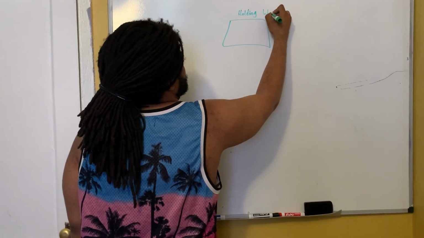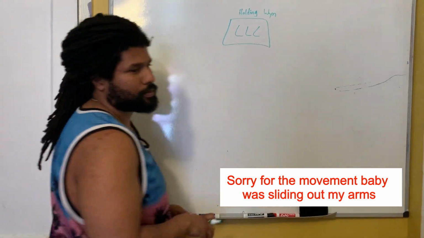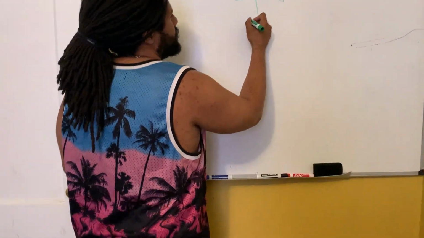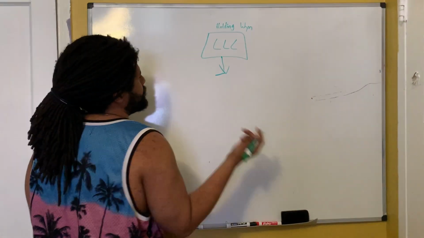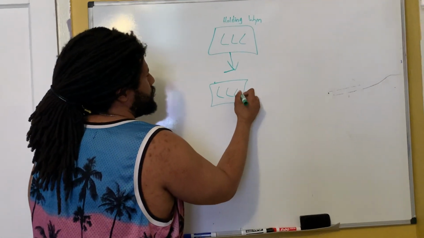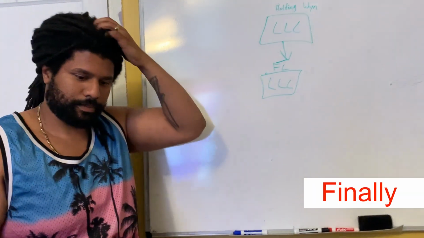I say Wyoming because that state has a lot of privacy in terms of corporate structures. And then whatever else. It could be, you know, from Texas, New York, Florida, whatever other company you want to set up.